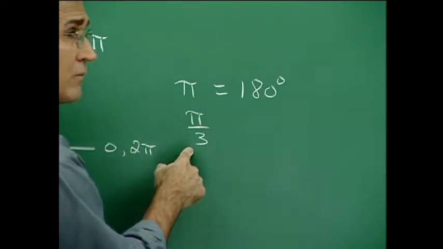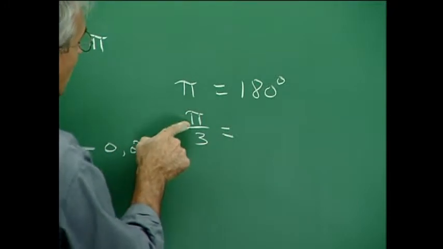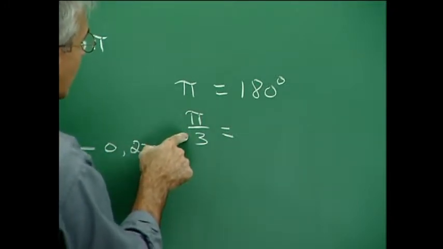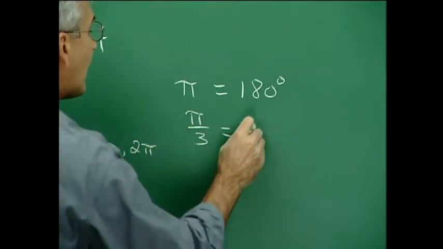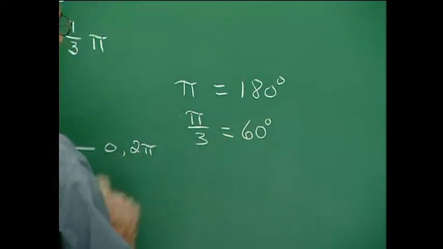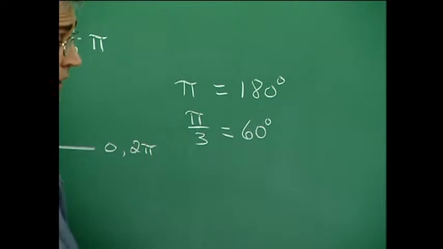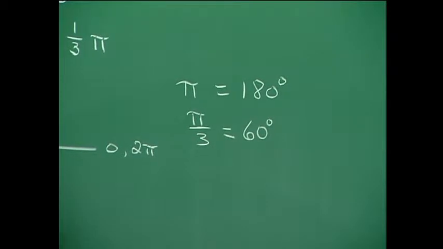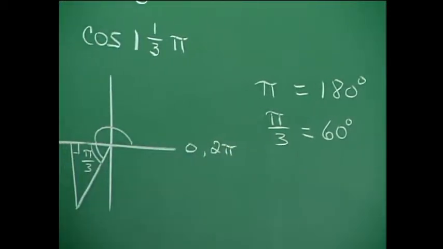Pi over 3 is what I'm trying to figure out. From pi to pi over 3, I'm dividing by 3. If I divide by 3 over here, I find this to be 60 degrees. Oh, this is the 60-degree angle that corresponds with pi over 3. Now, I could put that back into my diagram, but I know that cosine of the angle pi over 3 is the same as the cosine of 60 degrees.